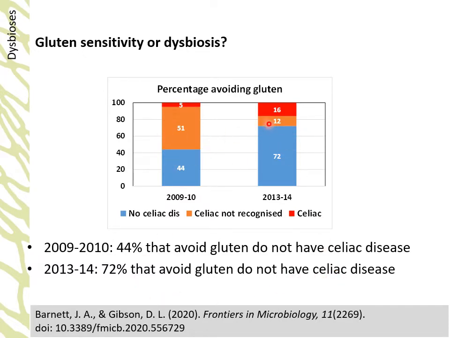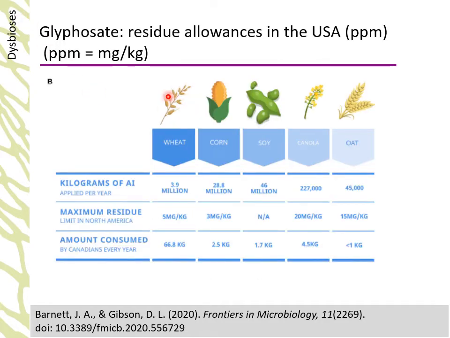That means the proportion of people that claim they cannot eat wheat is increasing dramatically, despite the fact that we certainly do not have an increase in the number of people with the genetic disposition for celiac disease. So what's happening, they were asking. They were looking at how much people eat, yeah?